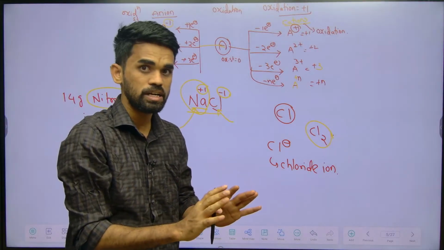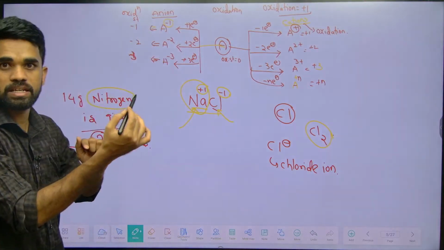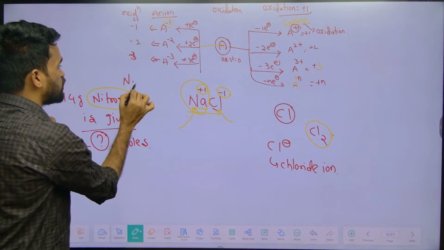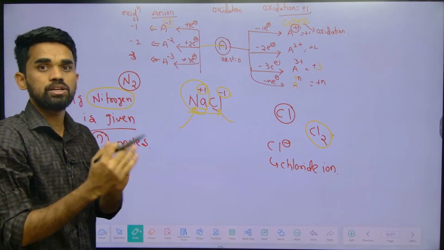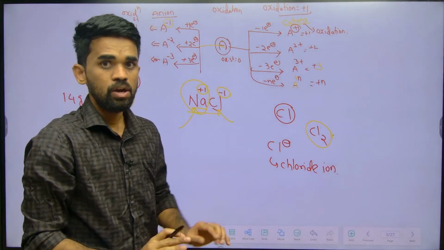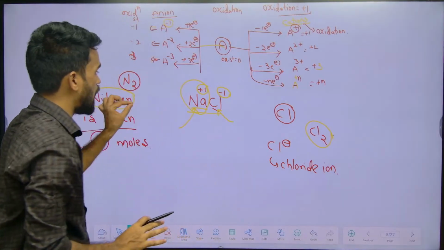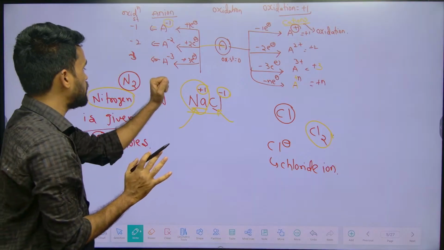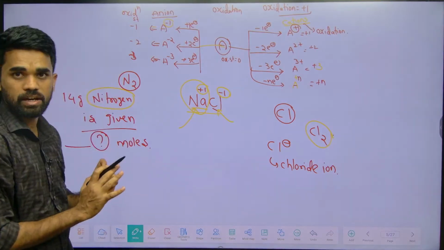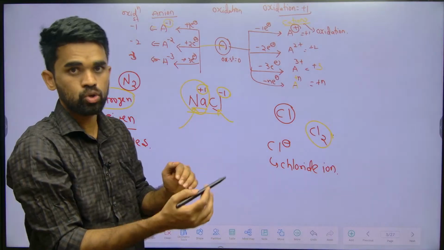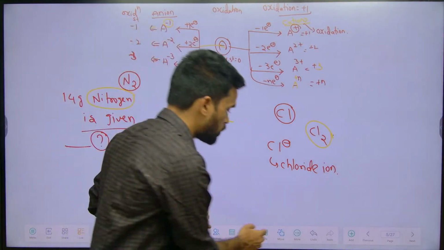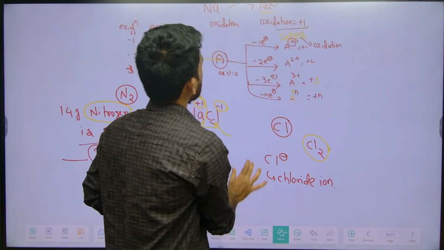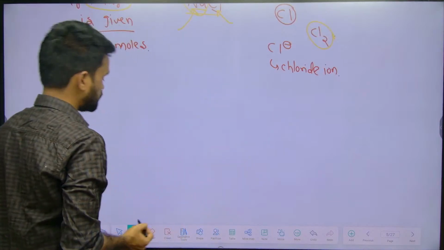So you need to understand that nitrogen's standard state is diatomic, so you should consider it as a molecule, not as an atom. Only if they mention nitrogen atom, consider it as a single atom. If they simply mention the term nitrogen, take it as N2. Same story is applicable for hydrogen, oxygen, all these elements.